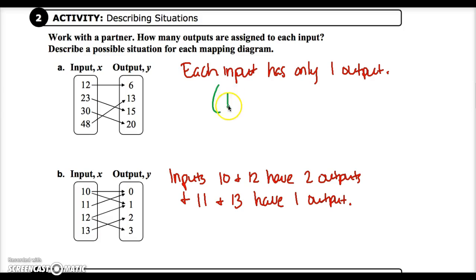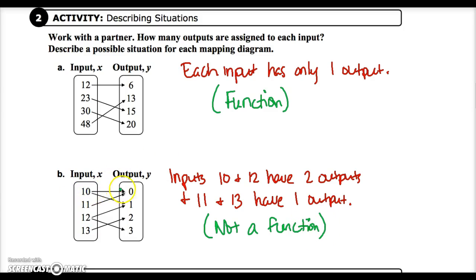So on part A, that is the straight definition of a function, when each input has only one output. Okay, so part B, this would not be a function, because just for the fact that 10 is assigned to 2 different outputs and 12 is assigned to 2 different outputs, they each can only have one.